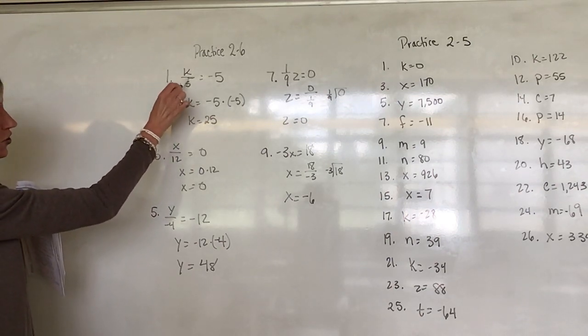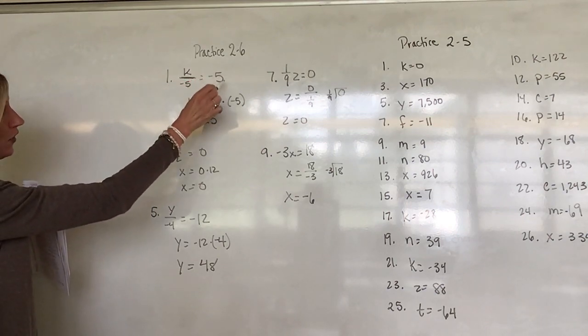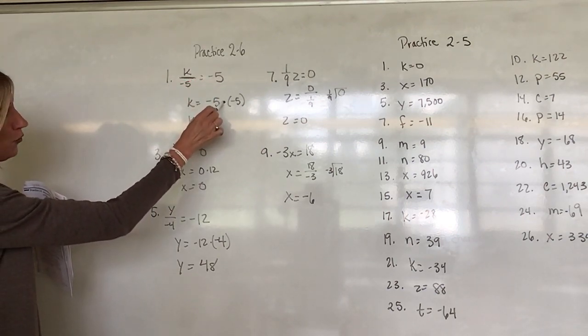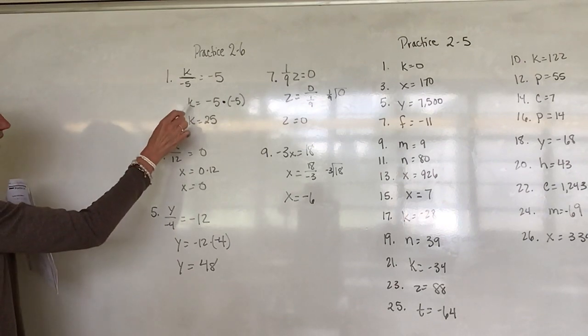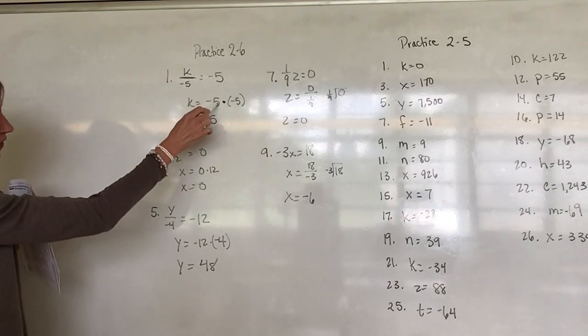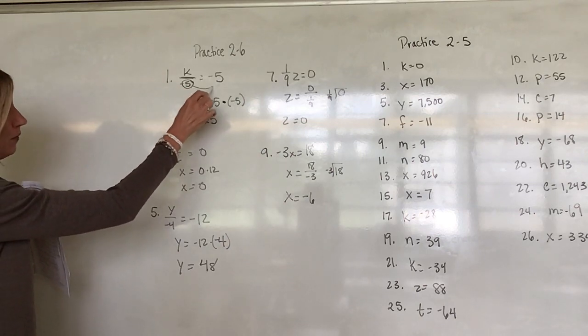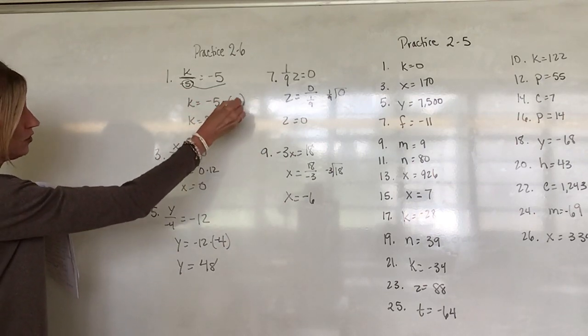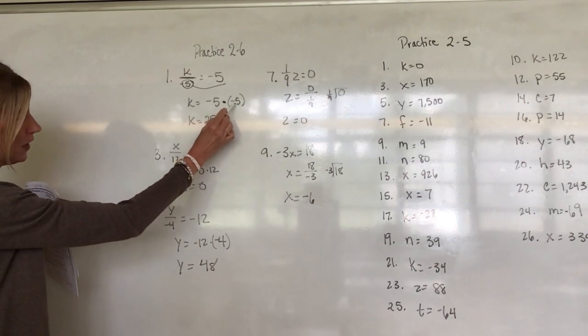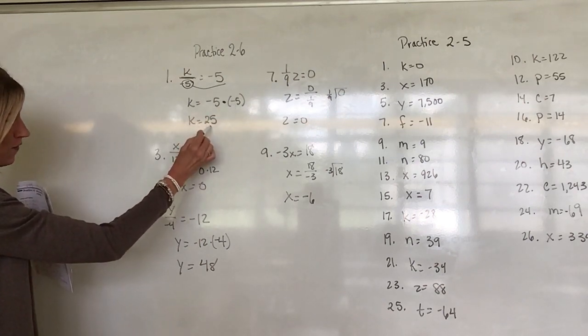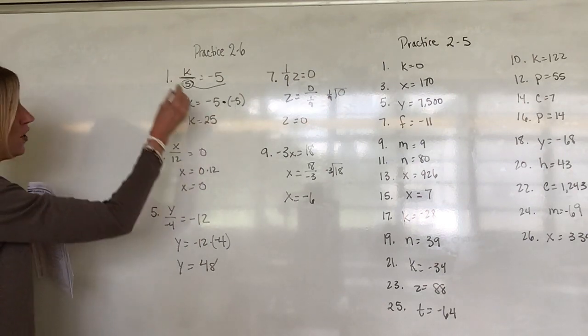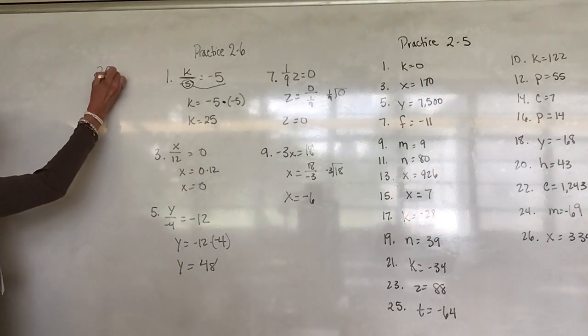If I have division on this side, when I take it over here, I am going to do multiplication. So K equals, I'm going to bring my -5 down, times, because I took this and I brought it over here. -5 times -5 gives me +25. K equals 25.